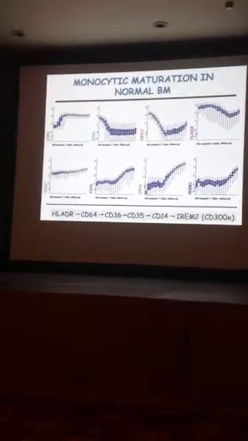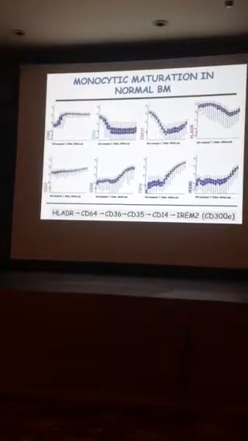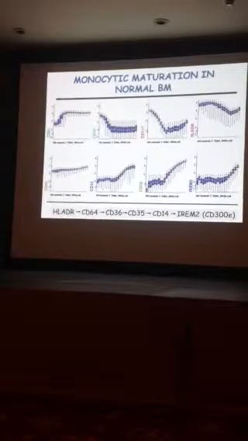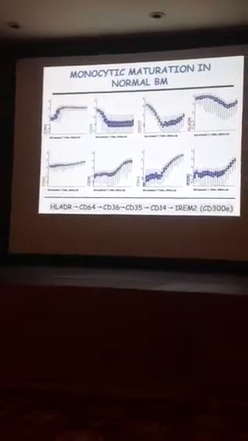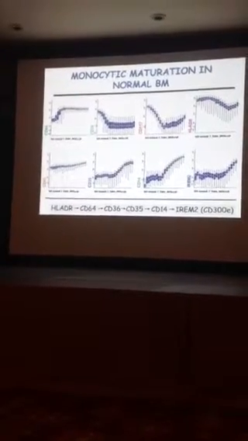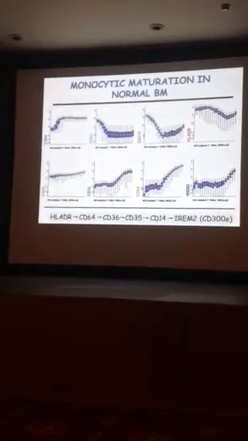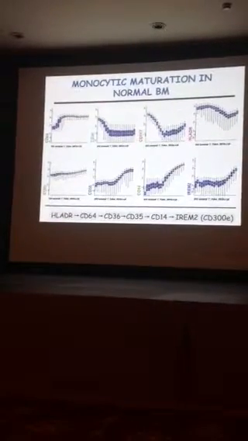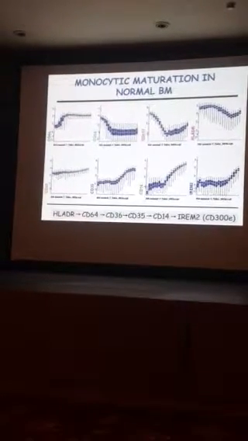In parallel to this increasing 64, CD34, and maybe slightly later on, but very close, CD117, they go down. There is early downregulation at the monoblast stage. So monoblasts can be 34 and 117 negative. There is downregulation of these two markers.